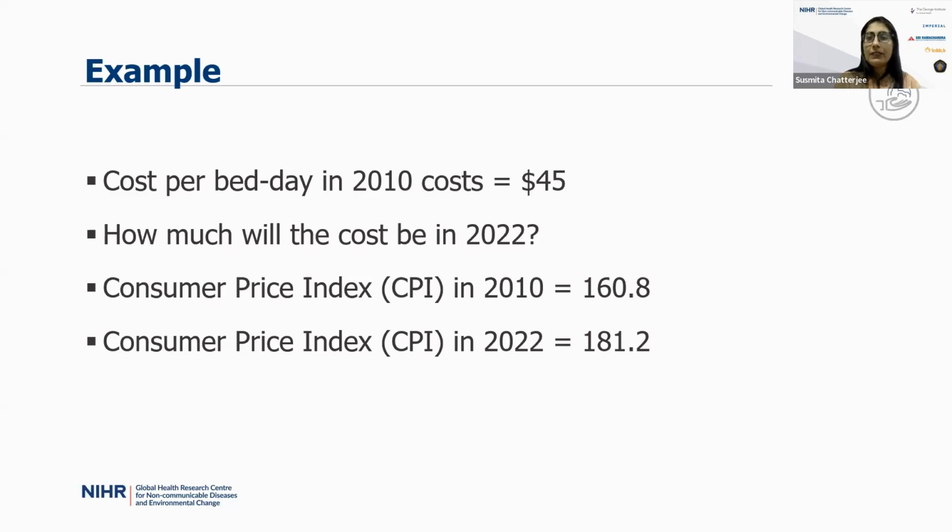So that's what I was trying to say: in 2010 it was $45, in 2022 it became $50 because of the inflation, because of the changes in price. So when you do this, you have to do this kind of adjustment. I hope this is good for all of you. You understood this, and please feel free to ask me if you have any confusion, if you did not really get it.